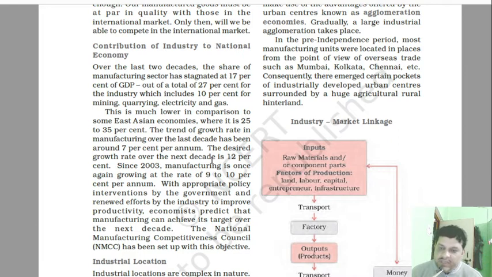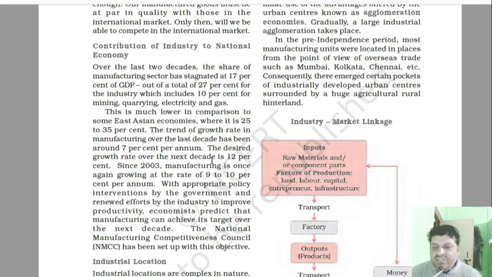Development of industry depends on various aspects, including government policies, how the government makes policies for the development of industries, and what new rules and regulations are issued.